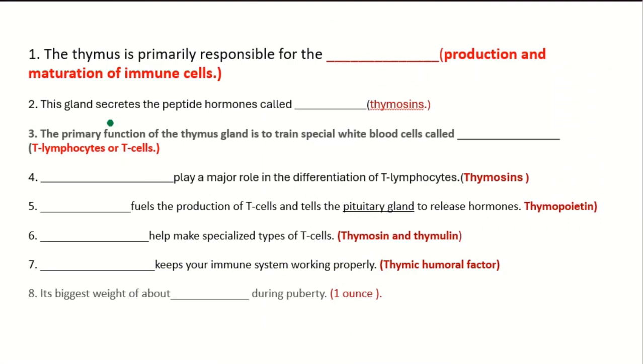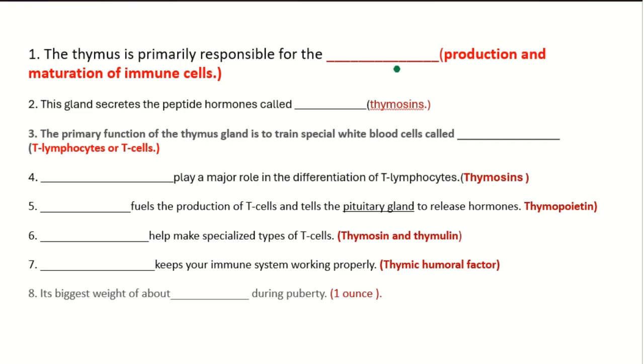So let us recall. The thymus is primarily responsible for dash. Answer very quickly. The answer is production and maturation of immune cells.